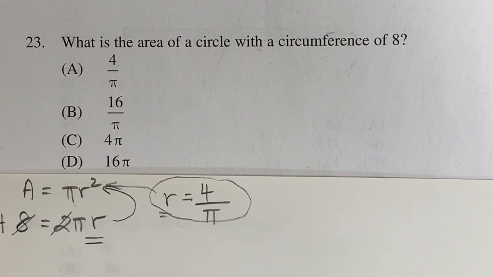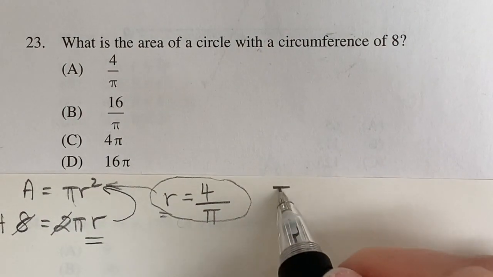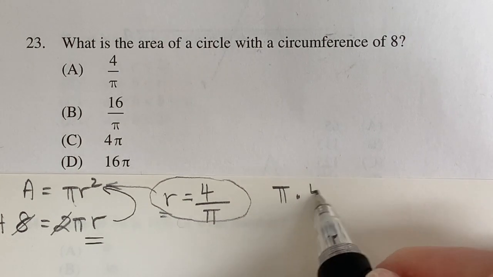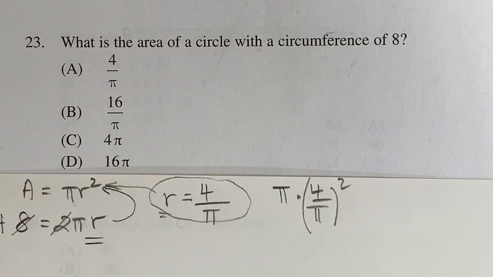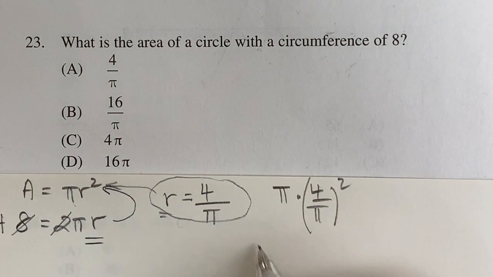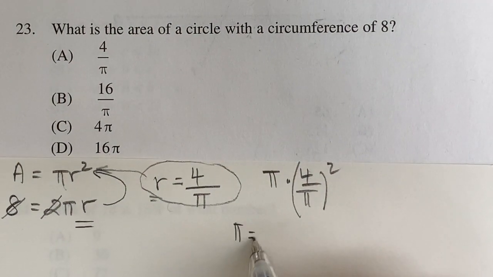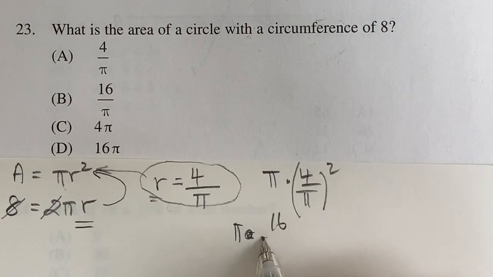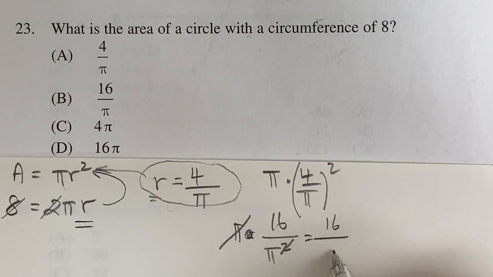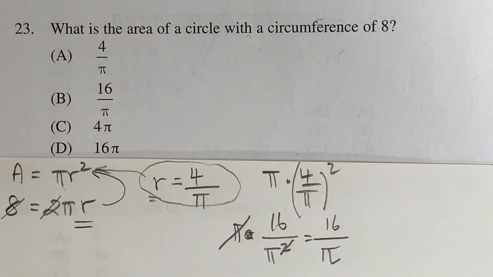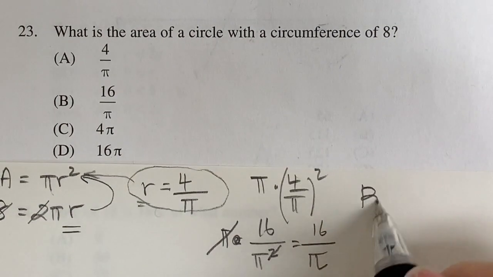So I have pi times (4 over pi) squared. If I square it, I'm going to have pi times 16 over pi squared, which if I cancel, I'm going to only end up with 16 over pi. So the answer will be B.